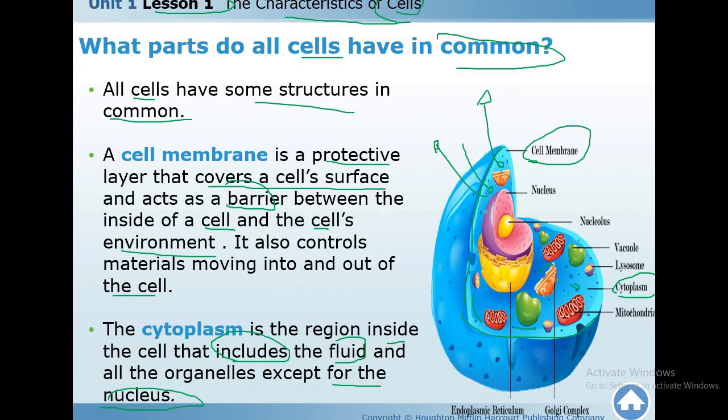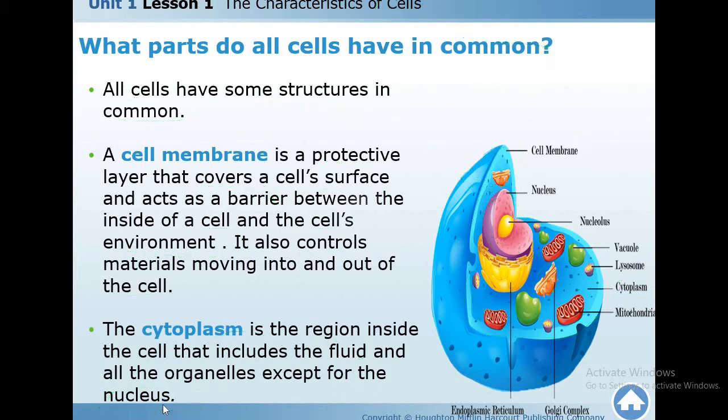This one, the oval one, is called the nucleus. So cytoplasm is a region inside the cell that includes fluid and all organelles except for the nucleus.